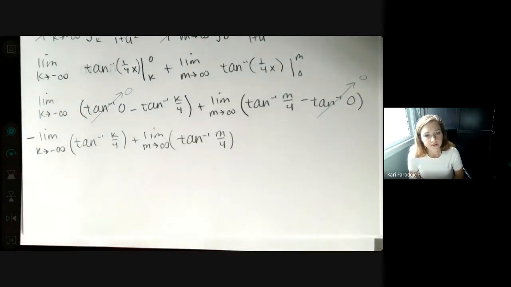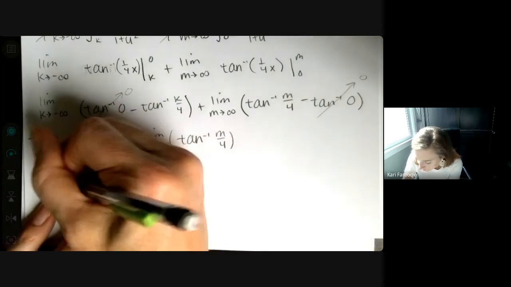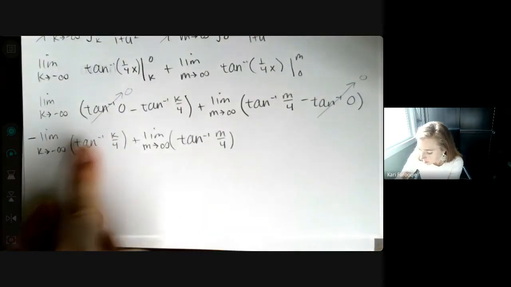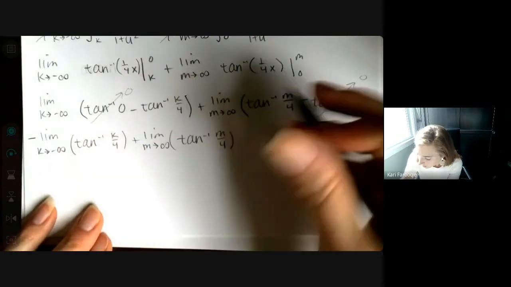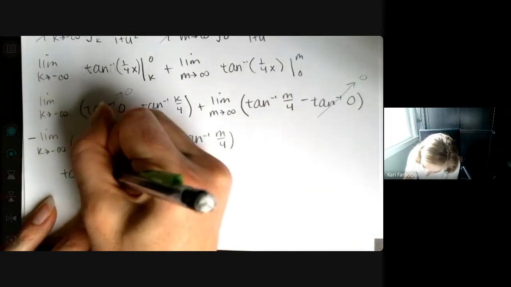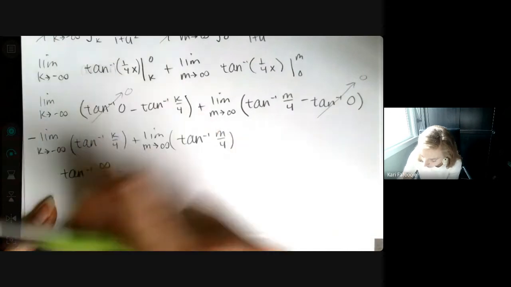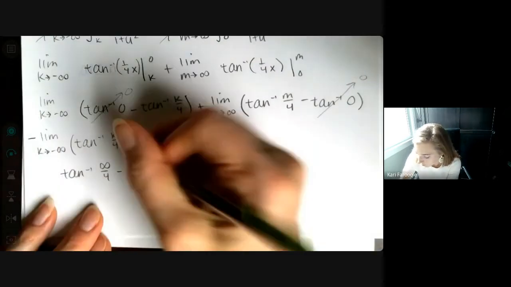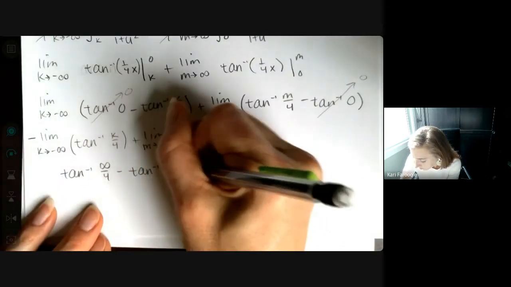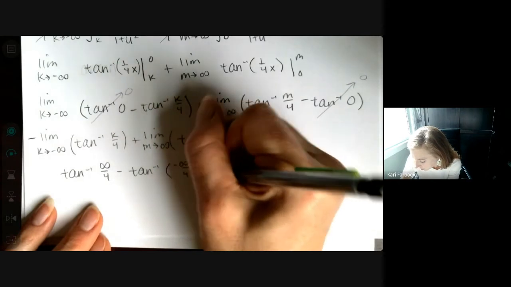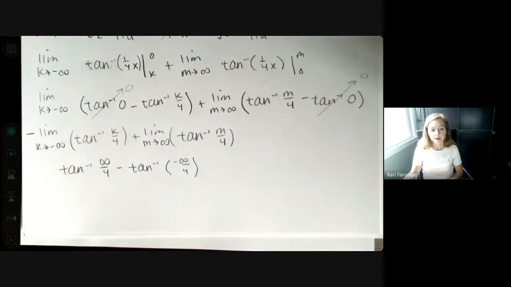Okay, so for your inverse tangent, because this one's negative and that one's positive, I'm going to switch them. But basically, I have the inverse tangent of infinity over 4 minus, because I have this negative sign here, the inverse tangent of negative infinity divided by 4.